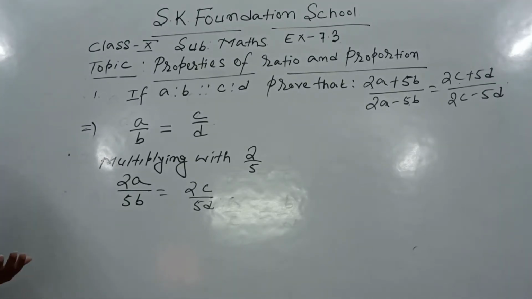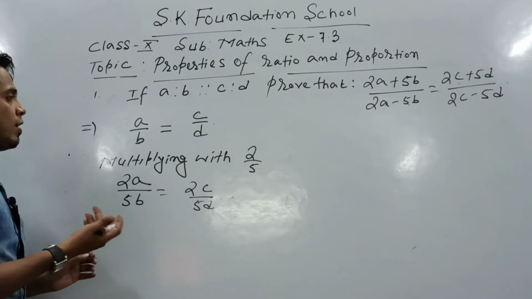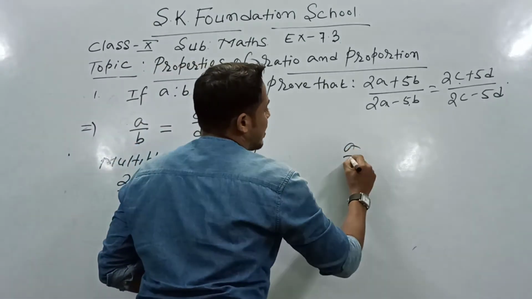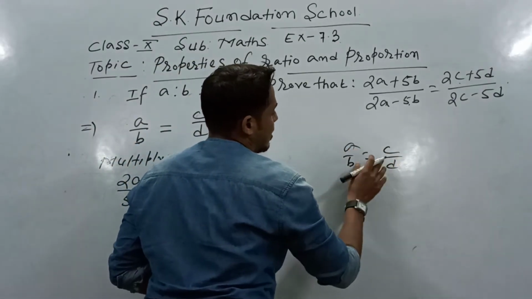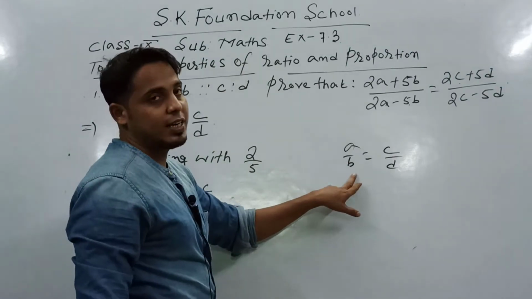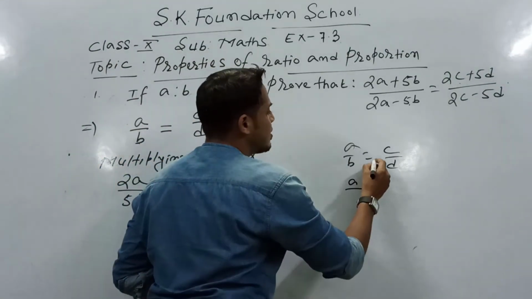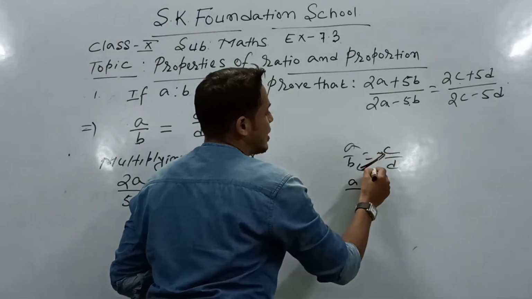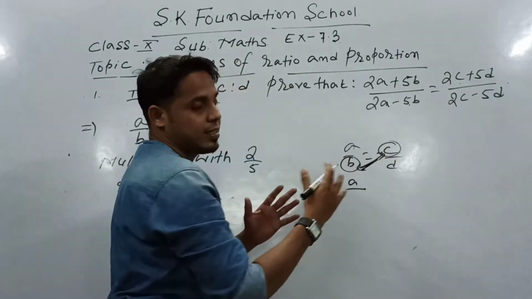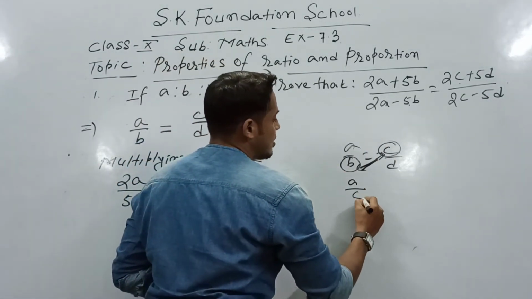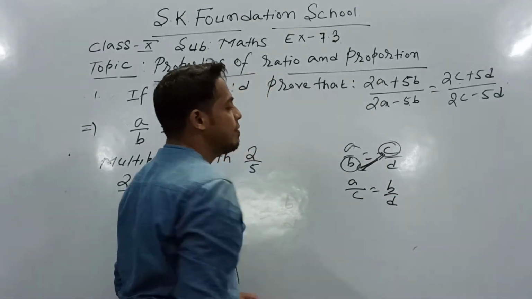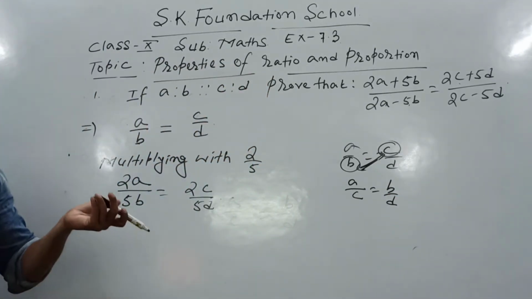Second one, alternando: if I apply alternando to A by B and C by D, just these two parts are interchanged, so A by C and B by D. This property is called alternando.